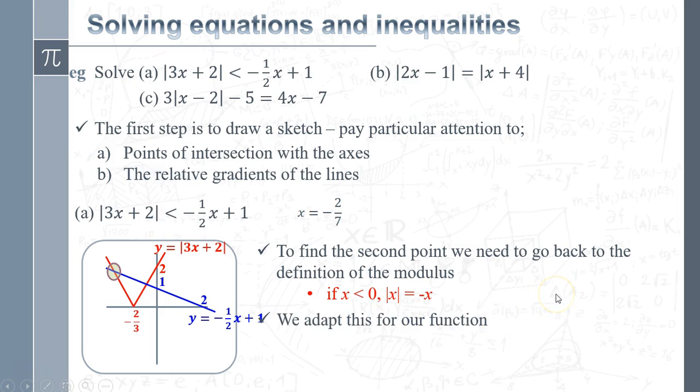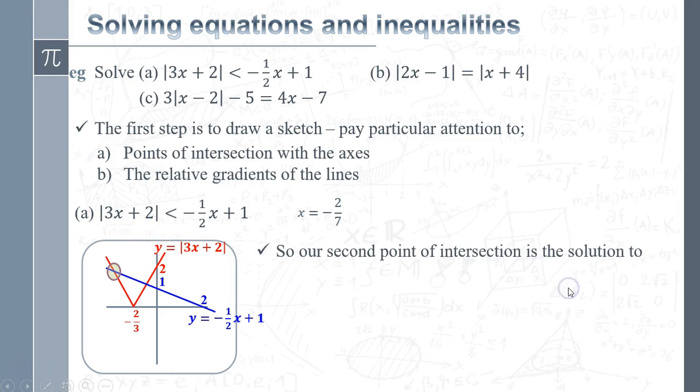If we adapt this for the function we're looking at, if 3x plus 2 is less than 0, which it would have been down here, we take the minus version of that, and that flips it back up to being up here. So in order to find this point, we've got to put the blue line, minus half x plus 1, equal to the minus version of 3x plus 2. That's what it looks like, and that's why that technical definition is important.